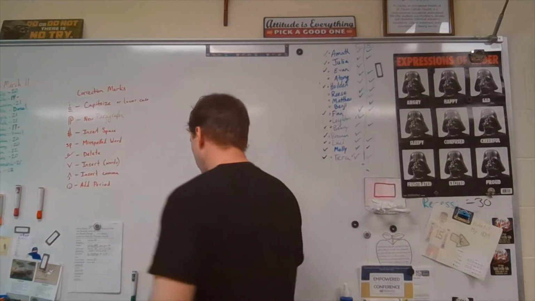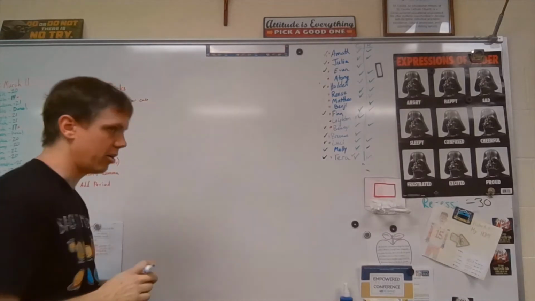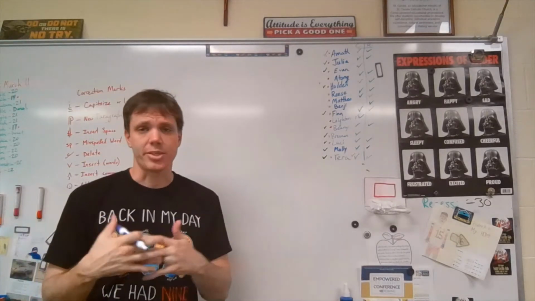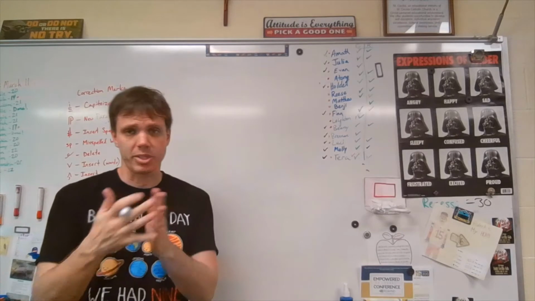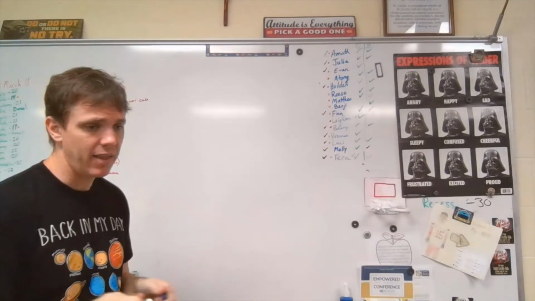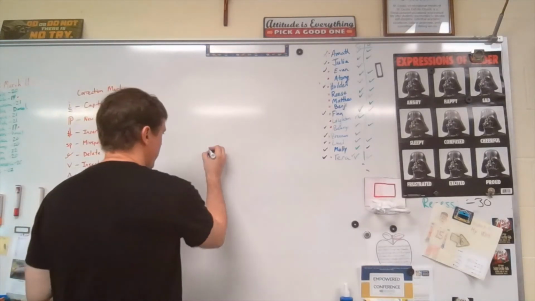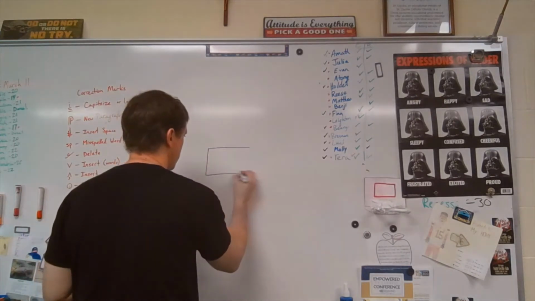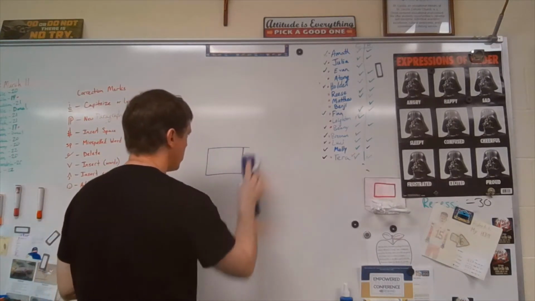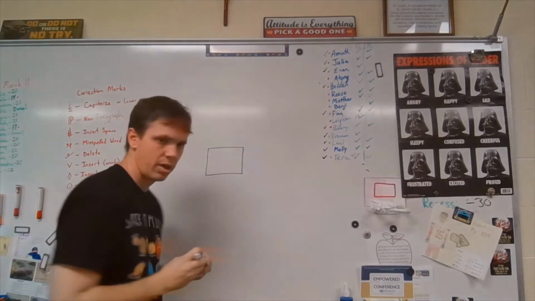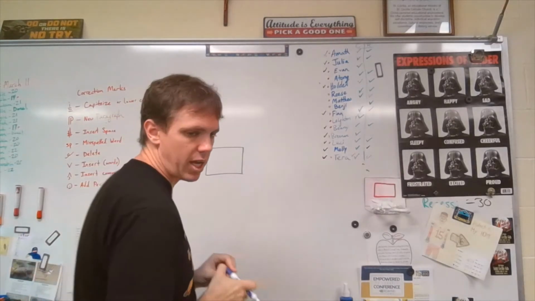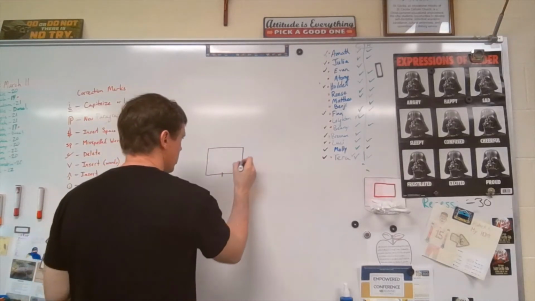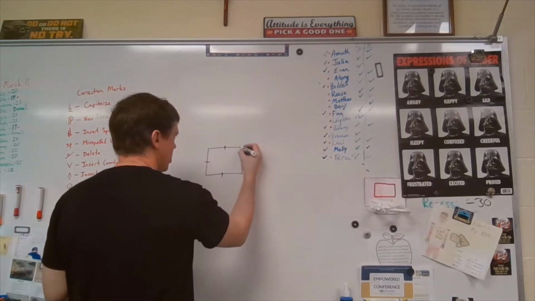So now we have a special type of parallelogram that's also a special type of rectangle that's also a special type of rhombus, and that is a square. So a square is a special, all those things.